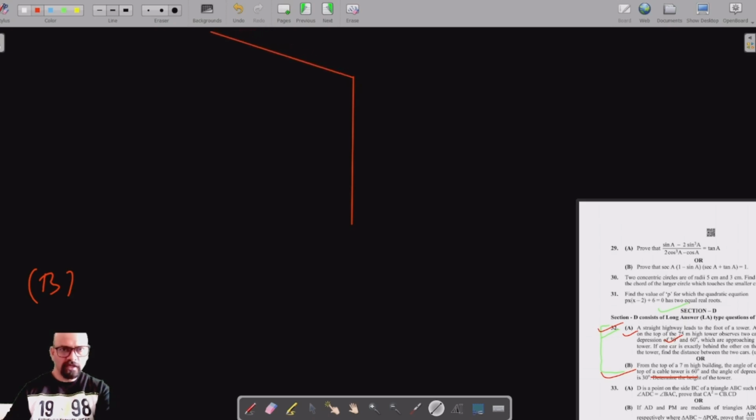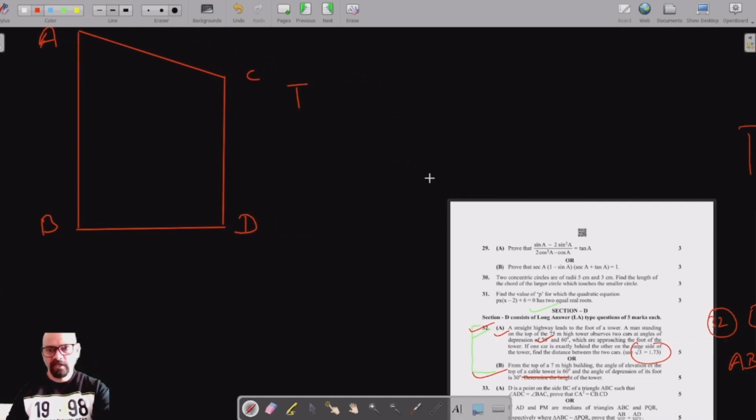So this is the angle of elevation to the top of the tower, and let's say this is our tower, and this is the ground. Both are standing vertically on the ground, and if we label them, let's say AB is the height of the tower and CD is the height of the building.